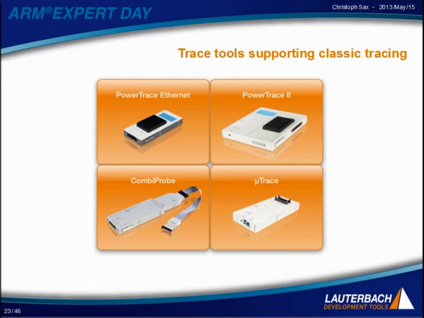Then we have the Combi Probe, which extends the function of one of our debug tools to tracing. And then we have, at last, the MicroTrace, which is designed for the tracing of the Cortex M family. And obviously, all of our tools support this classic tracing approach.